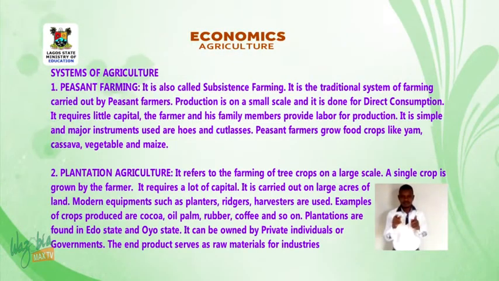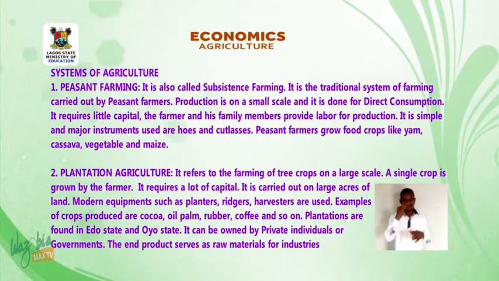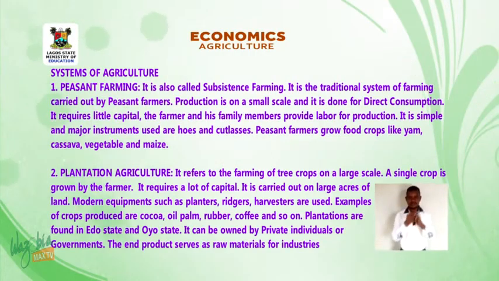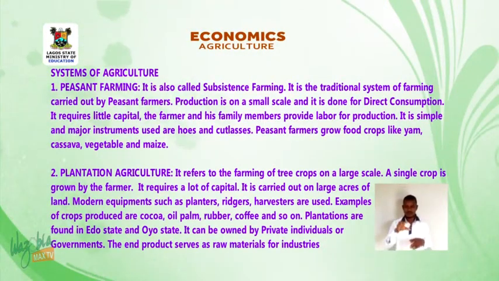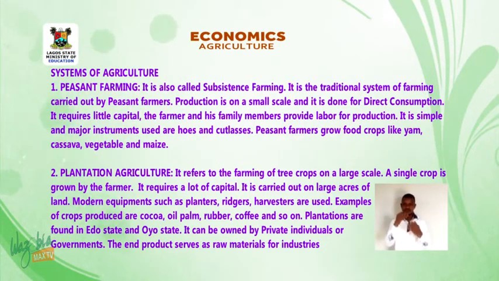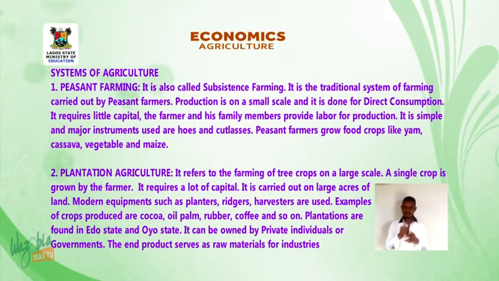It requires little capital. The farmer and his family members provide labor for production. It is simple and major instruments used are hoes and cutlasses. Peasant farmers grow food crops like yam, cassava, vegetables, and maize.